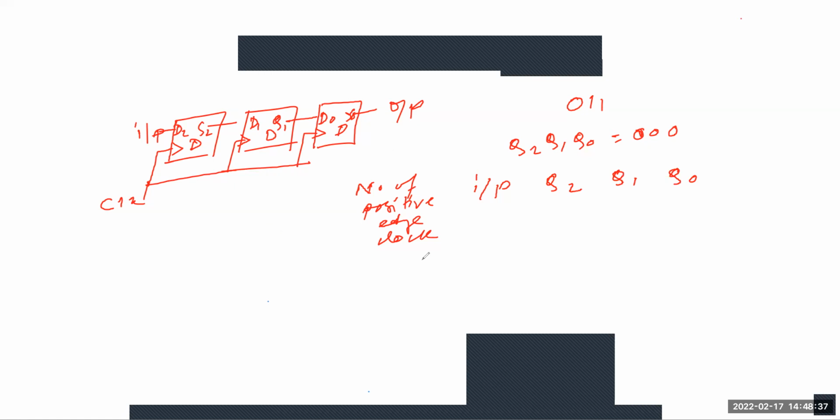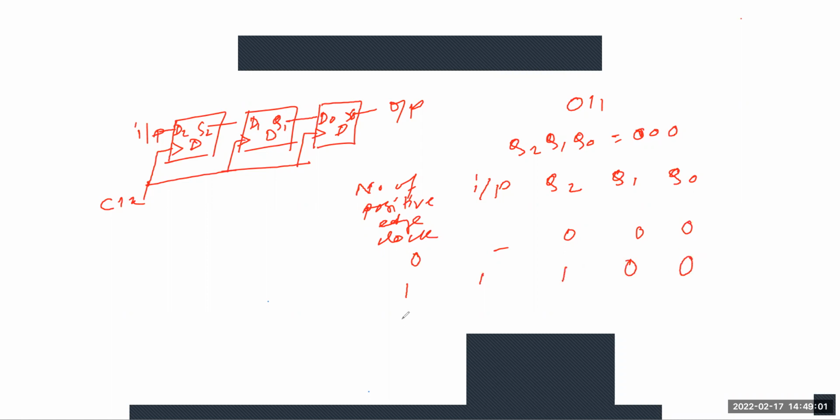Now, first, there is no positive edge, so at this moment it is 0, 0, 0. Second, the input is 1, the LSB. So Q2 is 1, and the next two are 0, 0.